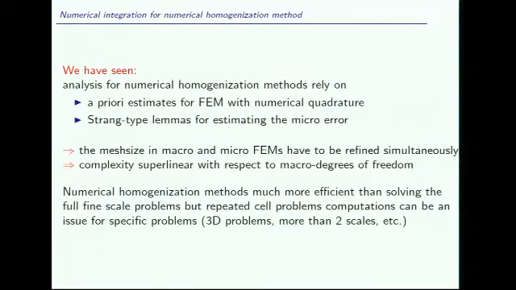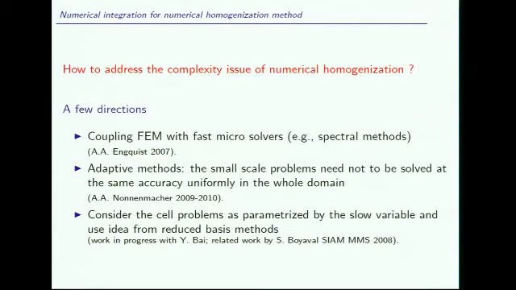You have to have many repeated cell problem calculations, or a problem at more than 2 scales. We have recently done the analysis for a 3-scale problem, for example. There, of course, the complexity increases. You have to solve the microscale, the mesoscale, and the macroscopic scale. And you have to tune all the different meshes in order to have good convergence results with the minimal computational effort. So I would like to give a few directions that we explored.